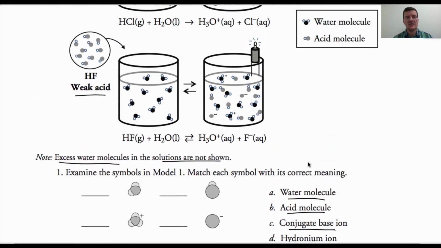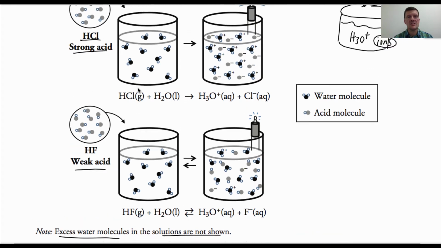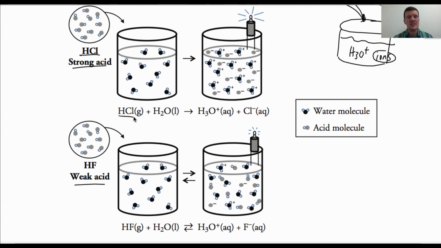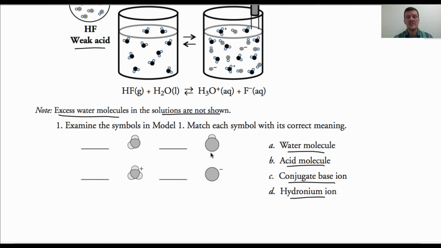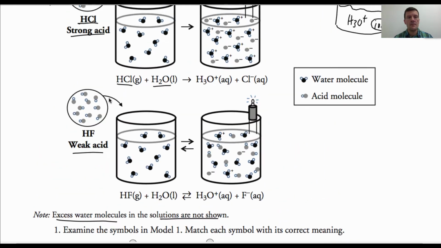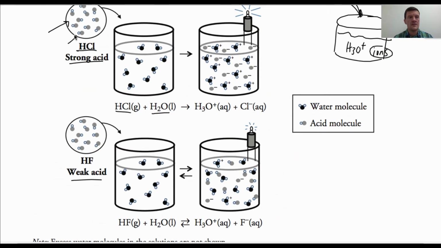So let's see if we can make sense of this. Let's look at this reaction up here. HCl and water. So these are the HCl molecules. They're going to be put into water. So it looks like our HCl, our acid, whether it's HCl or HF, is represented by this diagram.